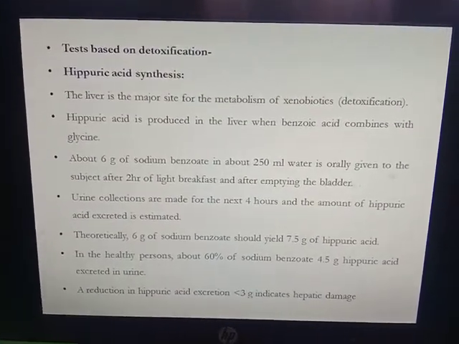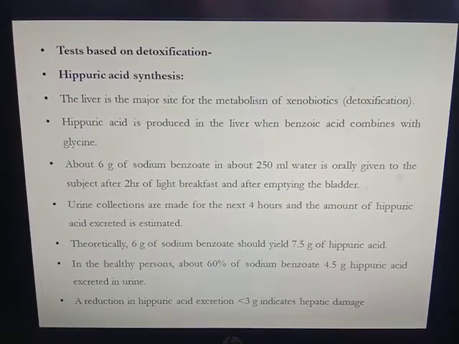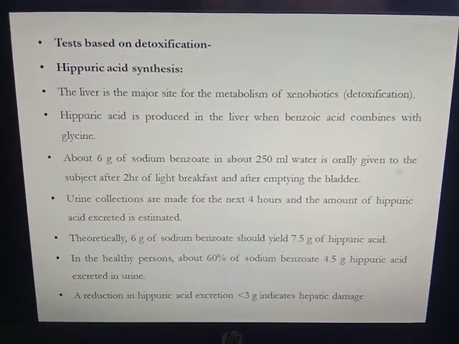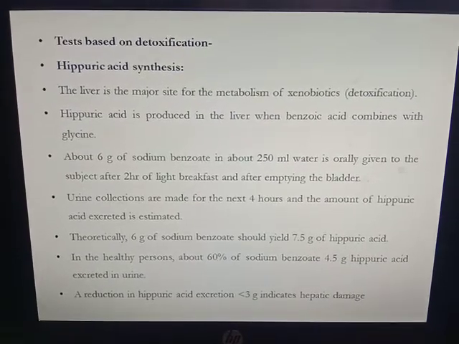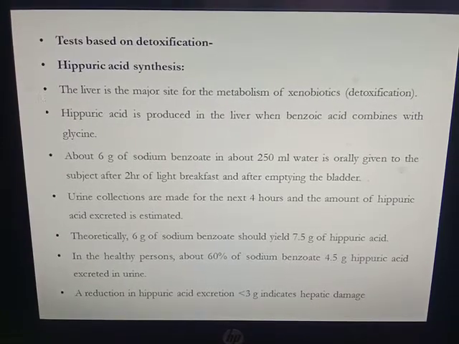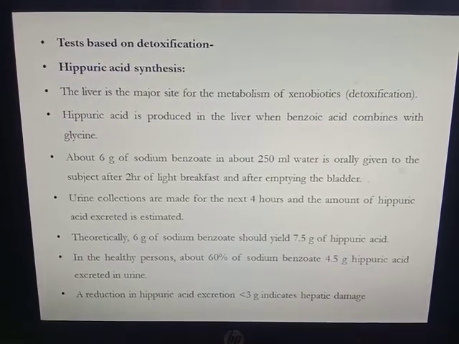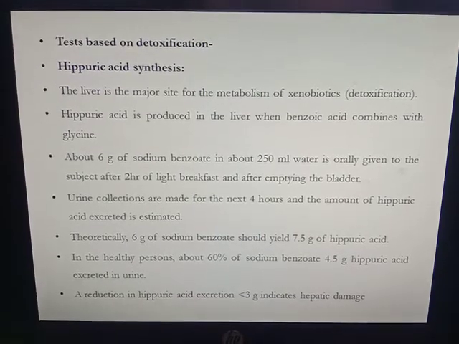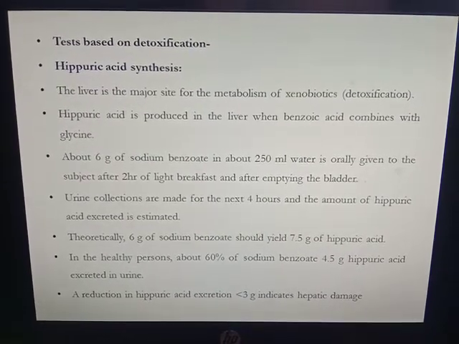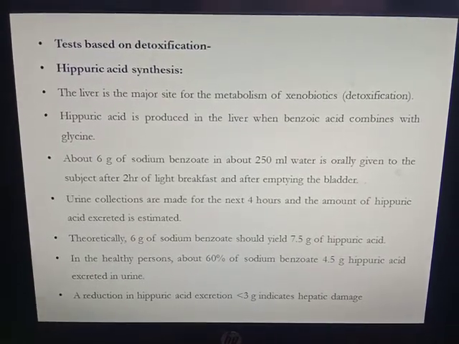Then the test based on detoxification, to assess the detoxification capacity of the liver, is done by the hippuric acid synthesis test. The liver is the major site for the metabolism of detoxification of xenobiotics. Hippuric acid is produced in the liver when benzoic acid combines with glycine.